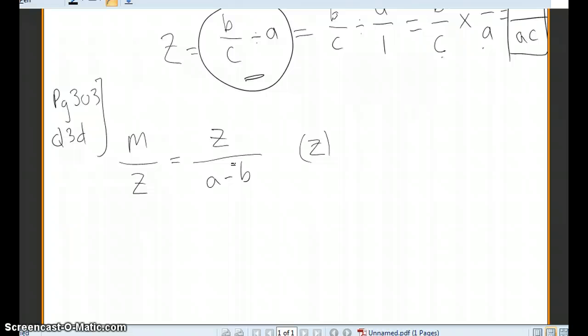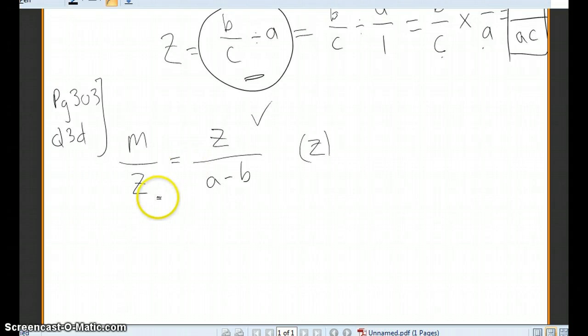Yesterday I told you to look which side has more z's or more x's and work the x's or the z's onto the side with the most. It doesn't matter whether you can see this or you can't, there are actually more z's on this side. If you can't see that, you'll end up with the correct answer, except you'll have to take another step in your working, which is fine.